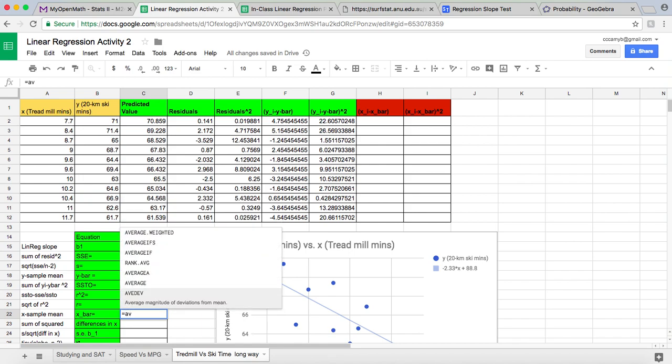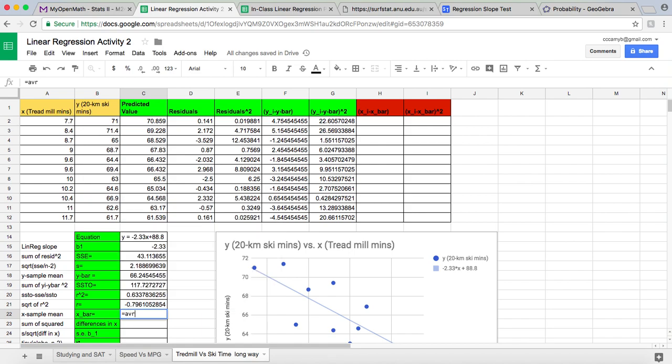The average of our observed x's. Okay, and now we want the difference between the observed x and our x bar. So again, equals, here's our observed x minus our x bar.